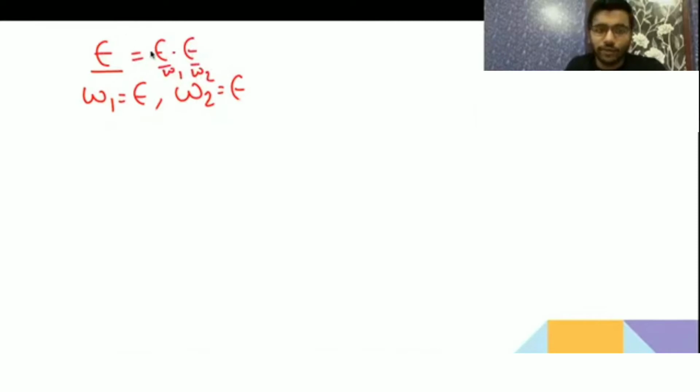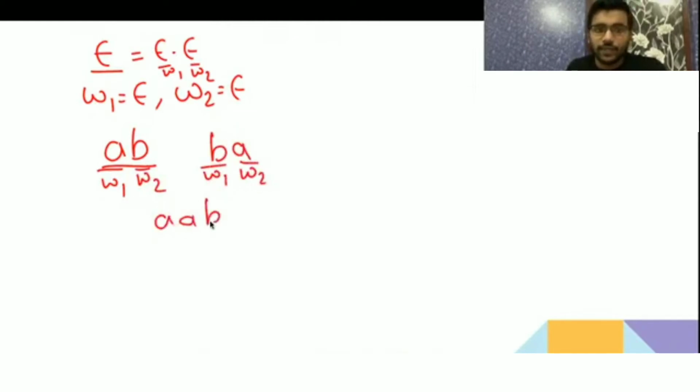Let me take one example, like epsilon. Here W1 is epsilon, W2 is epsilon. Length is 0 and 0. You are writing epsilon as epsilon dot epsilon. Resultant you are going to get that only. Now I will take AB, even length only. W1 you have taken this, W2 you have taken this. BA, W1 this, W2 this.